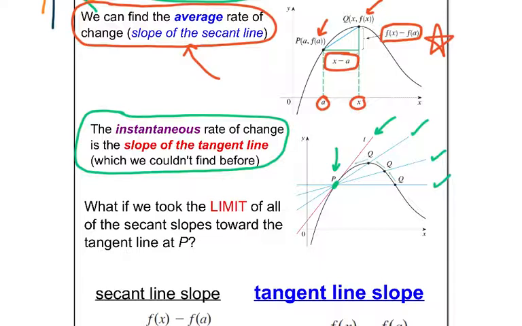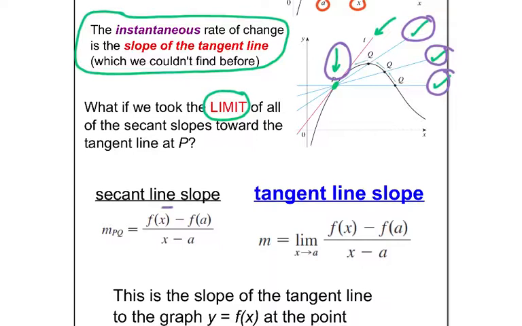What would that instantaneous change be? Well, we just came from a whole bunch of sections talking about this bad boy, right? So what if we took the limit of all of these secant slopes to try to approximate the tangent at P? Okay, well, we know how to do that because we've been doing limits for the past week or so.